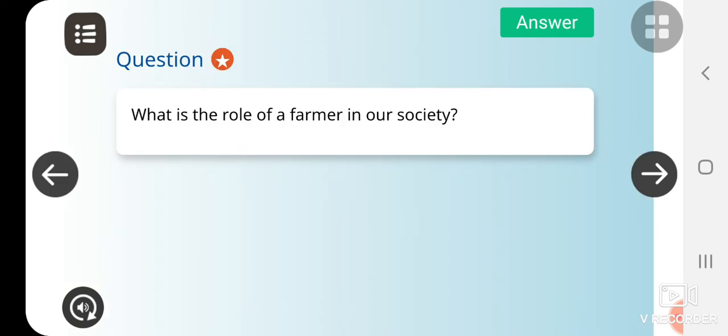What is the role of a farmer in our society? Children, all these answers you don't have to learn by heart. You have to just understand so that you can write in your own words. Don't just learn word by word the answers. You should understand and then you should be able.